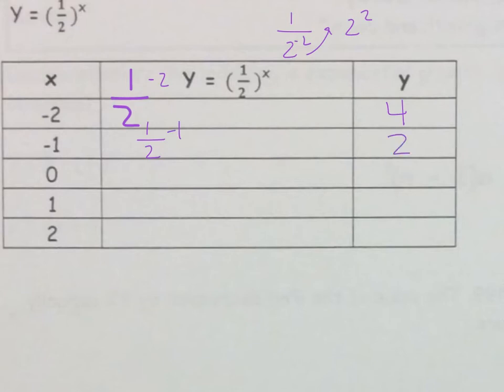That becomes 2. Anything to the 0 is 1. What's happening every time? We're dividing by 2. So what's going to be the next value? 1/2, and then 1/4. You can plug those into your calculator. You can see that that will give you 1/4.